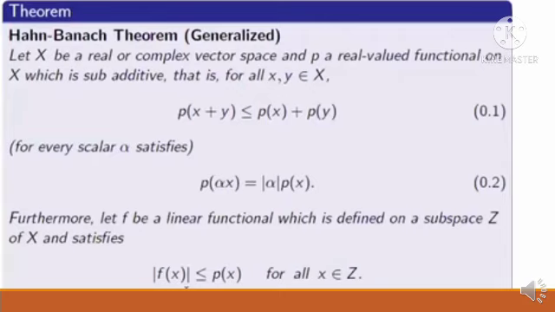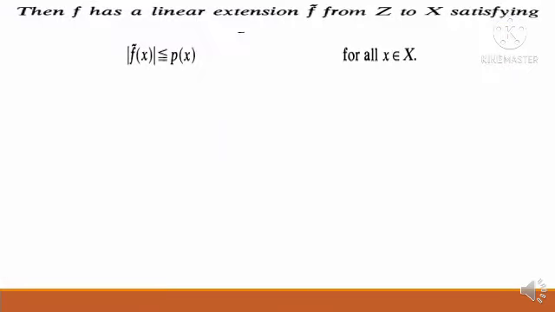Then the Hahn-Banach theorem guarantees that there will be a linear extension f tilde from Z to X satisfying the absolute value of f tilde of x is less than or equal to p of x, that is, the linear extension will also be bounded above by p of x for all x belonging to X.